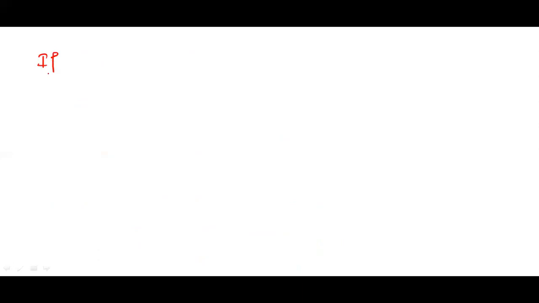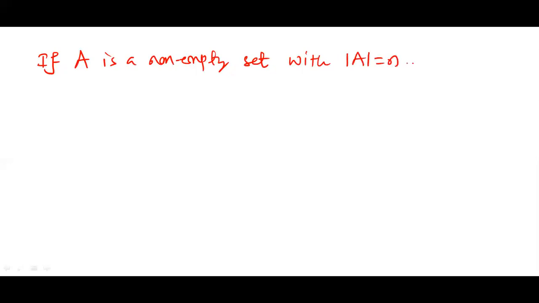If we have any non-empty set, let A be a non-empty set with cardinality of A equal to n. Cardinality of a set means the number of elements in that set. Means here we are taking A as any non-empty set which contains n elements.